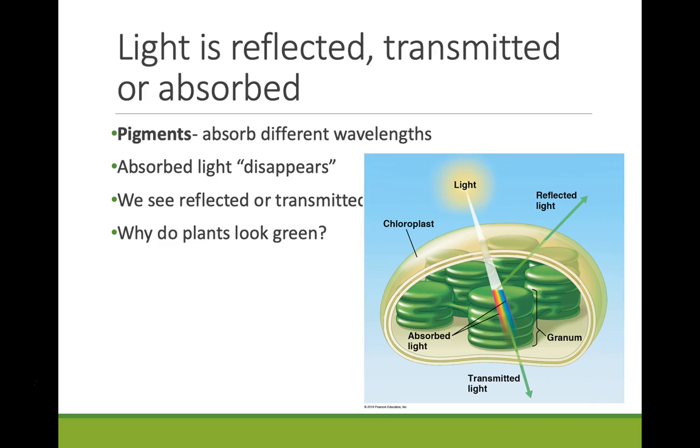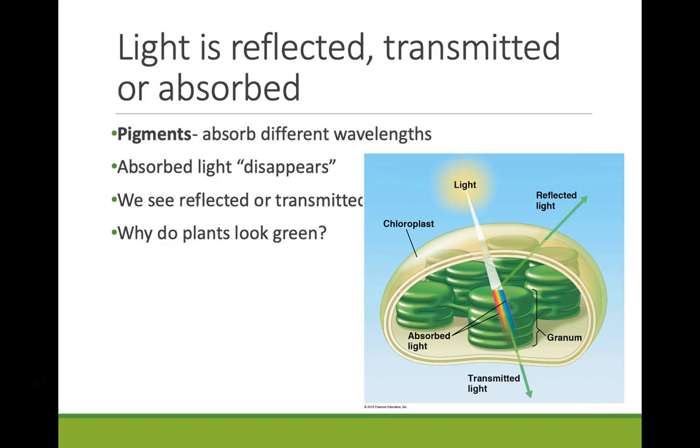And so that means that the chlorophylls are not absorbing those green wavelengths of energy. The green light can also be transmitted through the chloroplasts because it's not being absorbed. So we see that reflected and transmitted green wavelengths when we look at our plants. All of the other colors, the rest of the visible spectrum, are absorbed, and that's why we don't see them when we look at a plant.